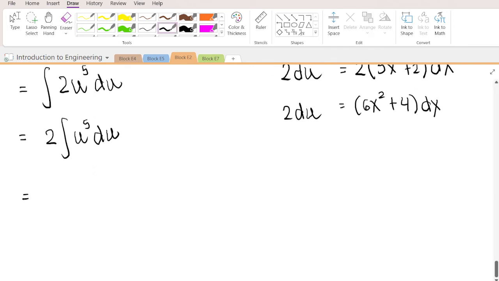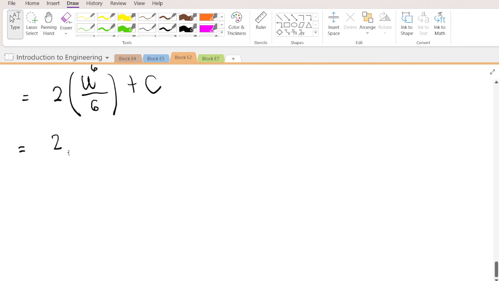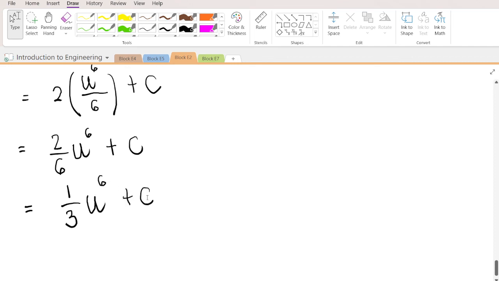So you will apply the power rule to get u to the 6 over 6 plus c. So we have 2 over 6 u to the power of 6 plus c. So 2 over 6 in lowest terms, we can simplify as 1 over 3 u to the power of 6 plus c.